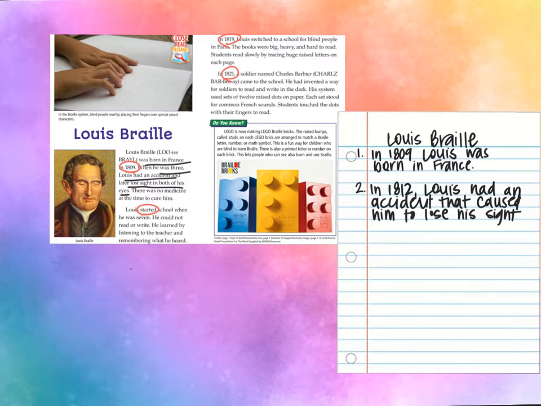Okay, again, it doesn't tell me a date, but I can put that down as my next event. I can also probably figure out the date because I know that it was when he was 7, and I know he was born in 1809. So if I add 7 years to that, that'll tell me the date. Okay, so I can add those years, and I get 1816. He started school.